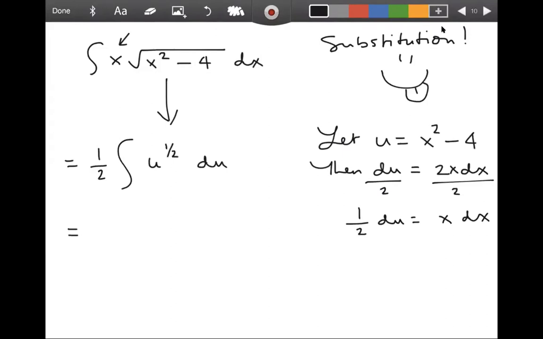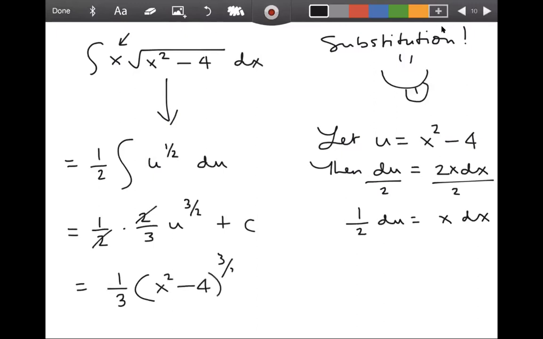All right, the integral of u to the 1/2 is u to the 3/2 divided by 3/2. Dividing by 3/2 is the same thing as multiplying by 2/3. So this one just comes out to 1/3 x squared minus 4 to the power 3/2 plus c. No trig substitution needed.